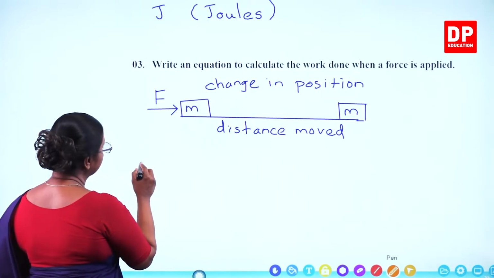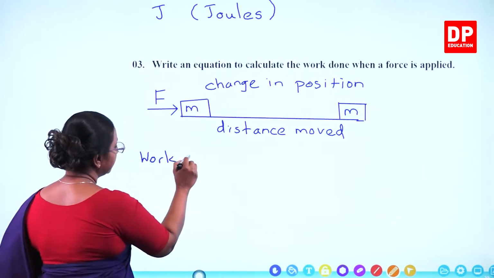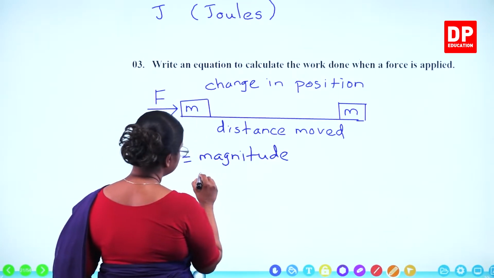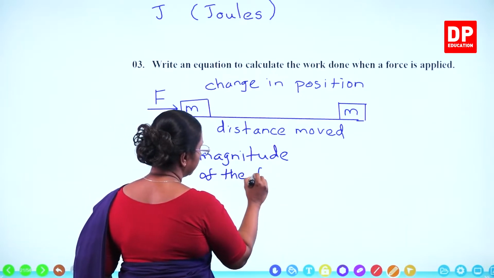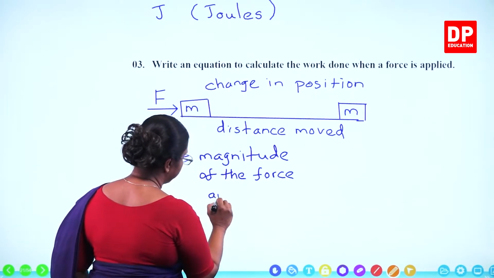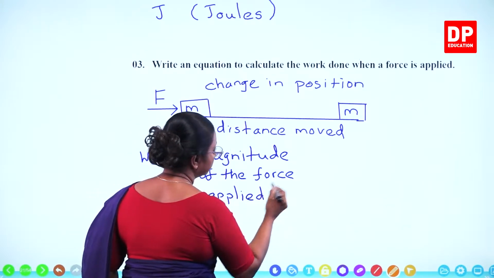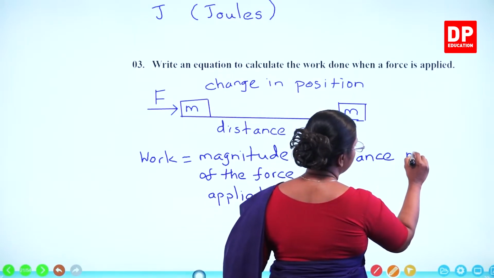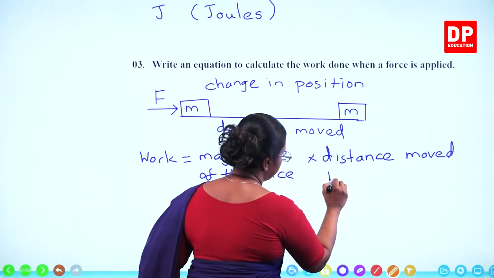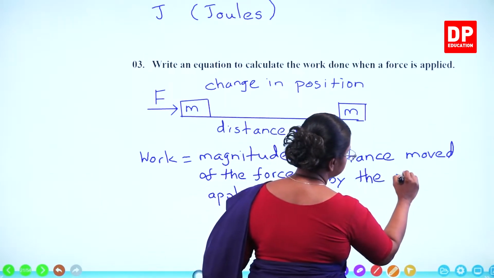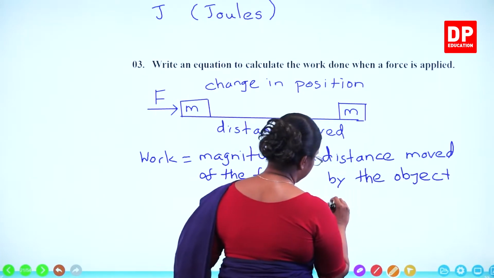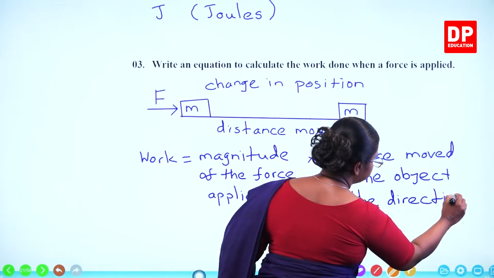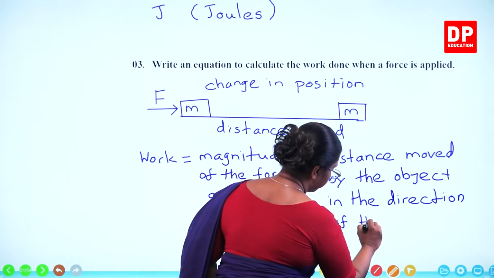If you are to write the equation, work done equals magnitude of the force applied multiplied by distance moved by the object in the direction of the force.